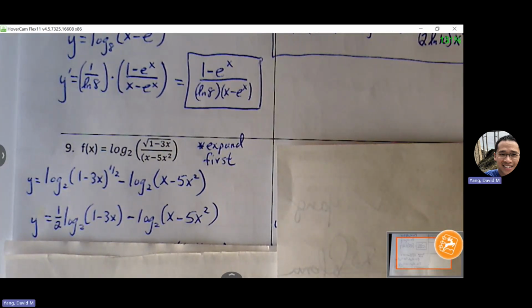Log base 2, pretend like you're working with natural log of u, still u prime over u. A little bit of coefficient conversion has happened in front.